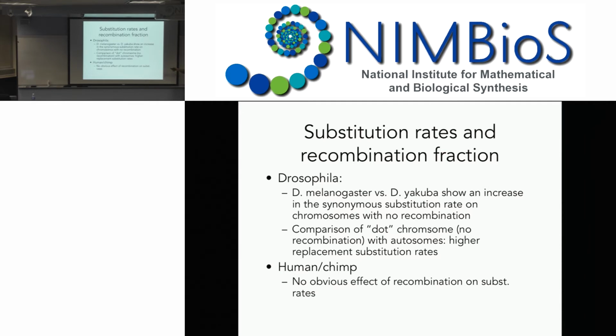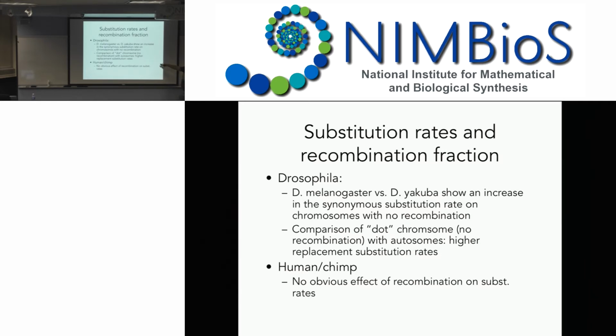So both these are consistent. The smaller chromosomes with no recombination would have reduced effective population size under both sweeps and under background selection. A consequence of that is higher replacement rates, because some of those mutations which were deleterious under a larger effective population size now become neutral, therefore have a higher chance of being fixed.